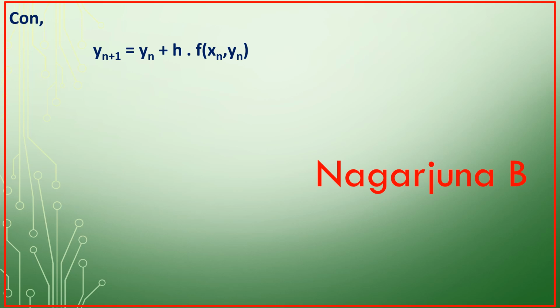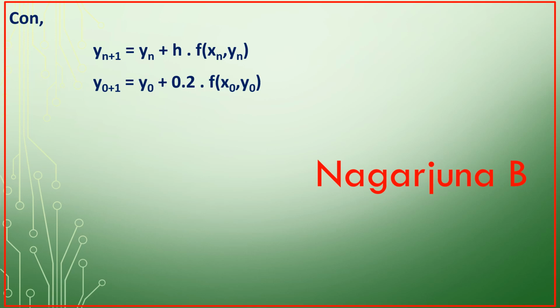So here it will be y0 plus 1 is equal to y0 plus 0.2 into f of x0 comma y0, and the y0 value has been given in the question, and that we will be considering, and 0 plus 1 is 1, therefore it will be y1. f of x0 comma y0 is the differential equation of first order first degree, and that has been given as 1 plus y by x.